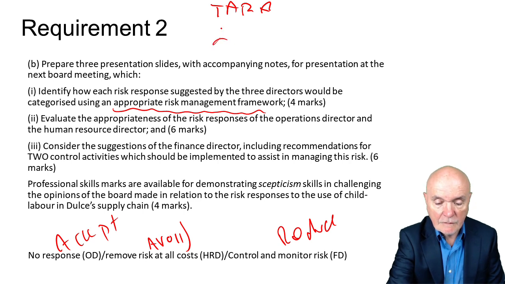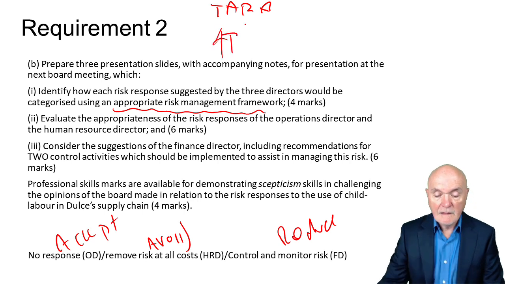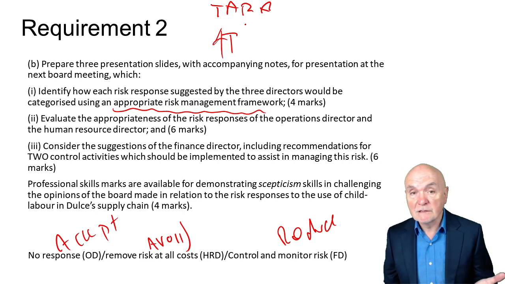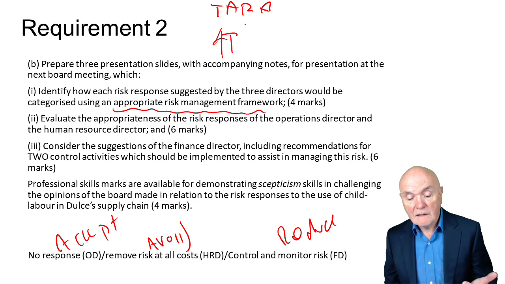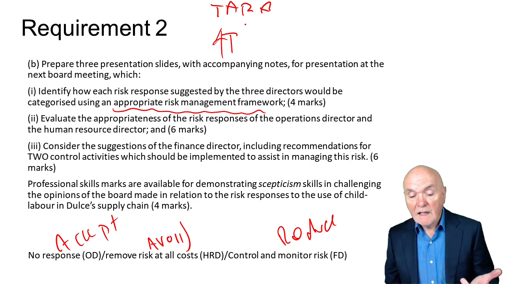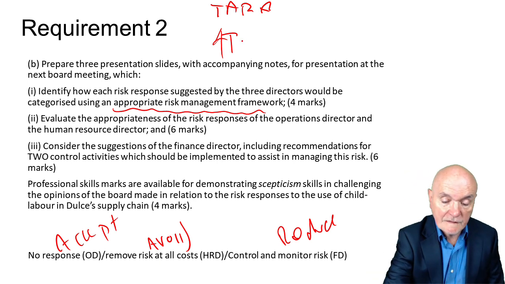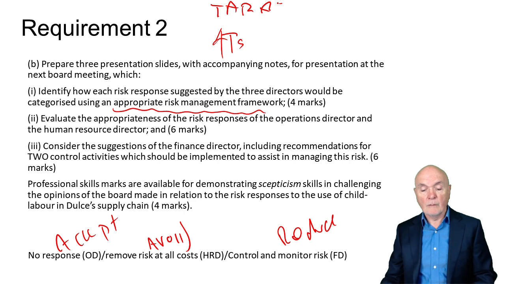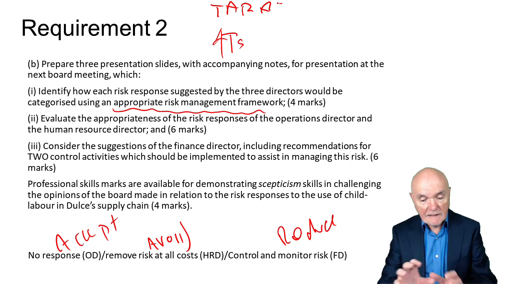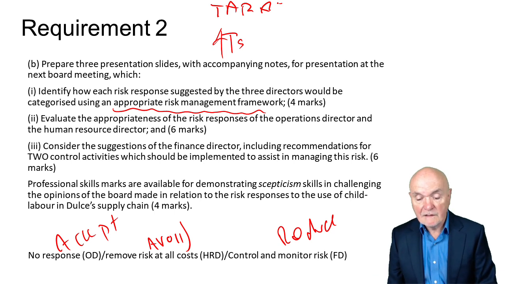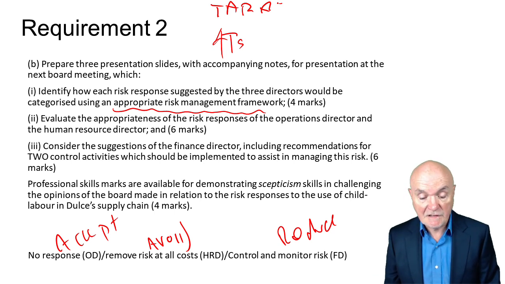Sometimes you may know this also as the 4 T's, where the first is the same, transfer. Then there is terminate, which is avoid, really. There is reducing, which is treating. And then there is accepting, which is tolerate. Some people call it the 4 T's. I think the Tower is becoming more obvious. And it's just a matter of slotting into this framework what each of the directors is essentially suggesting.